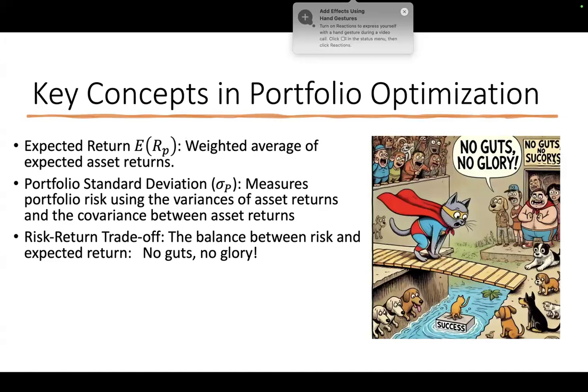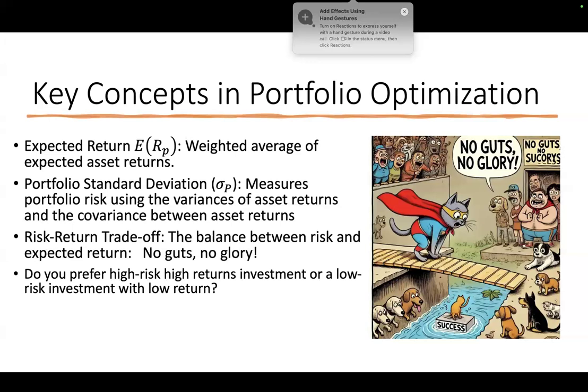If that small cat with the hero outfit doesn't have the guts to walk over that bridge, he would never get to the other side. And yes, I made all of this myself. I mean, with the help of ChatGPT and asking ChatGPT 10 times, but I made all of this myself. So, no guts, no glory.